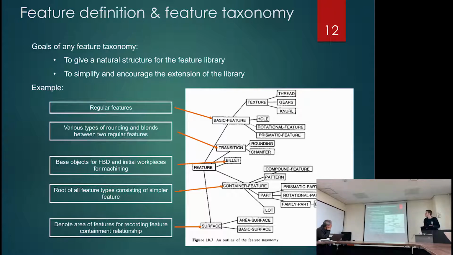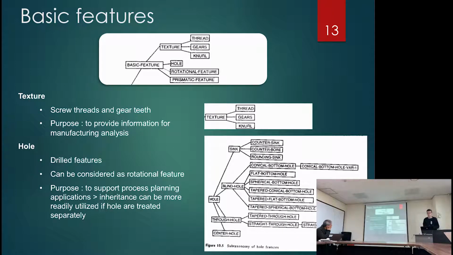We'll get into more detail. For instance, in the basic feature subtree, we have texture, which would be the gear teeth on a gear, for instance. So it provides information on manufacturing and analysis. So everything that provides information for manufacturing analysis would be under this tree.